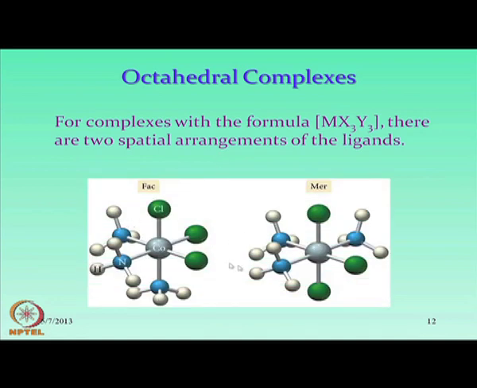So, we can have 2 possibilities. So, critically if we see the 2 different geometric arrangements, we will see that in one particular arrangement the green spheres are the chloride groups and these are the ammonia groups. So, it is basically the corresponding species which we were talking about, the hexaammine cobalt(III) chloride.